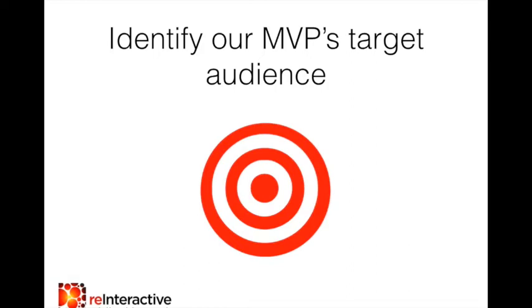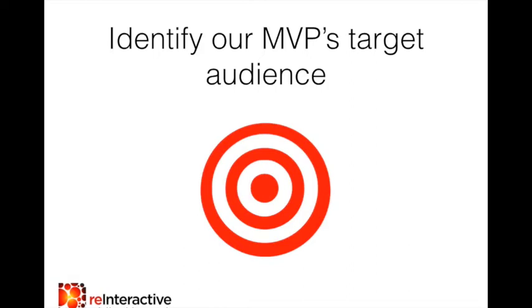We might have a grand vision of our product, and it's going to target a much wider spectrum of people, but we're not going to be able to target all of those users at the start. We're going to want to target a much reduced set of users, because we can't produce enough functionality to be all things to all people.